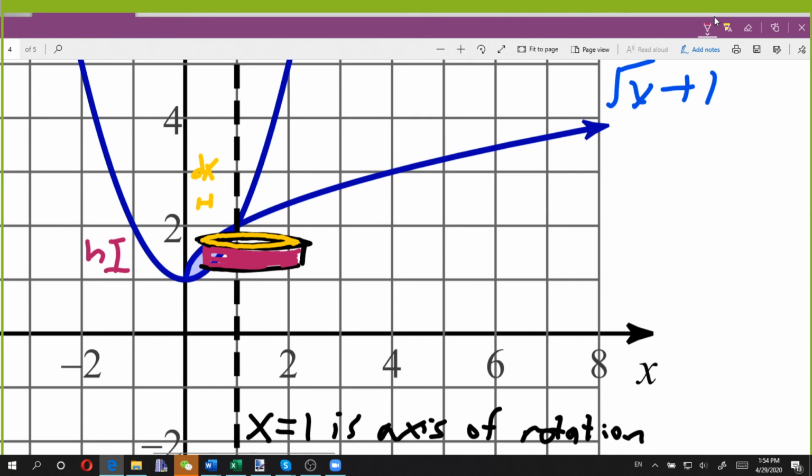I was trying to leave a little bit of space so we could still see the functions, but I guess I'll get rid of it. Okay, so something like that. And then our radius will be our distance to the axis of rotation, which is here. If I wasn't exaggerating, then this would look like a circle instead of an oval, and this would be symmetric.